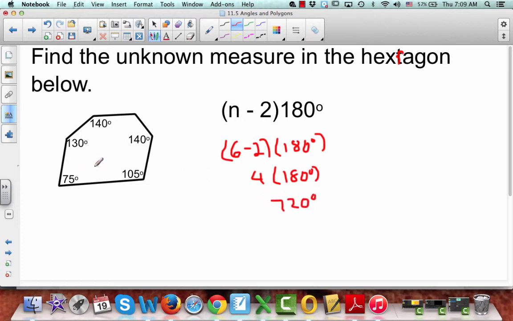Now we got to come over here and add these up. 105 and 75 makes 180. 320, 460, 590. So that gives us 590 degrees. From 720 gives us 130 degrees remaining for this one. Okay, I hope you got that.